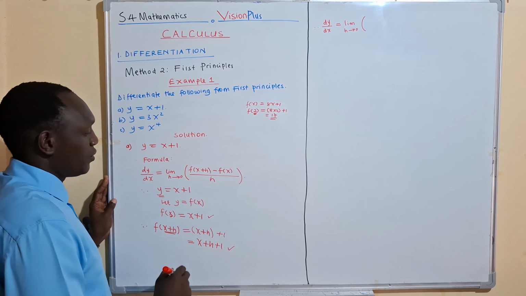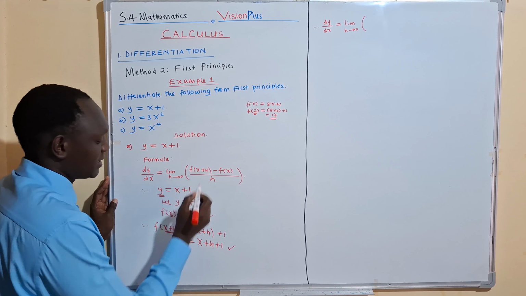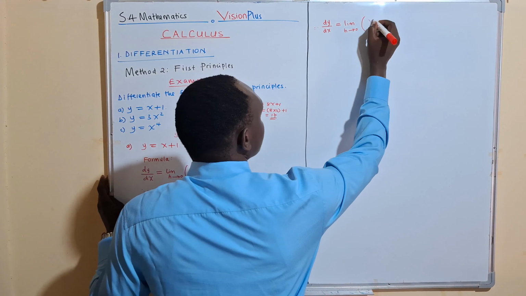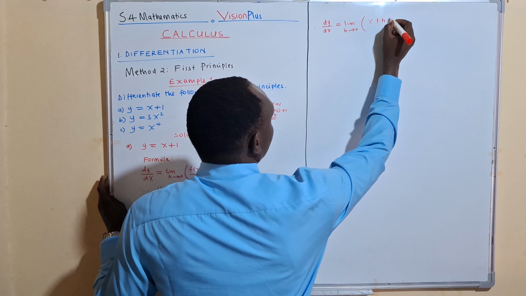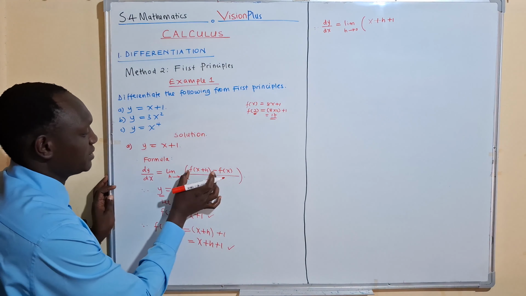Now, we need to substitute what is f of x plus h. F of x plus h is x plus h plus 1.